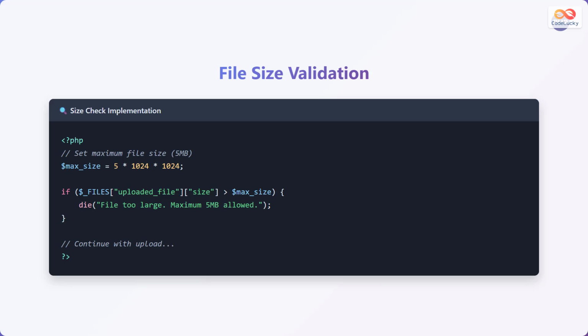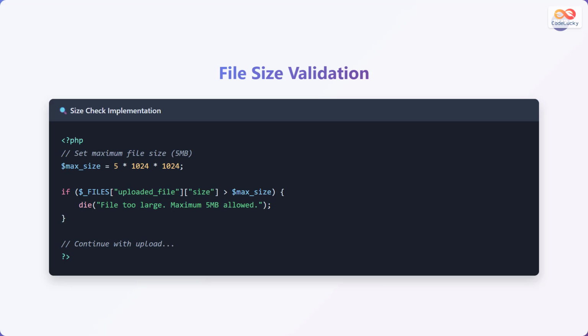Next, implement the validation. If $_FILES['uploaded_file']['size'] is greater than $max_size, this condition checks whether the size of the uploaded file exceeds the maximum allowed size. If the file is too large, the script terminates with the die function, displaying the message "File too large. Maximum 5 megabytes allowed."